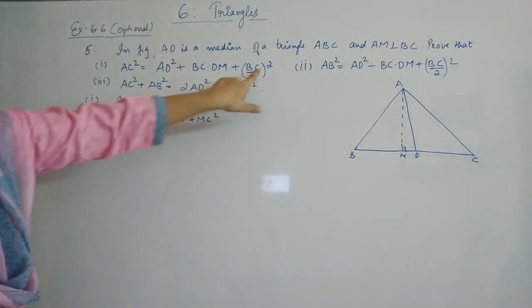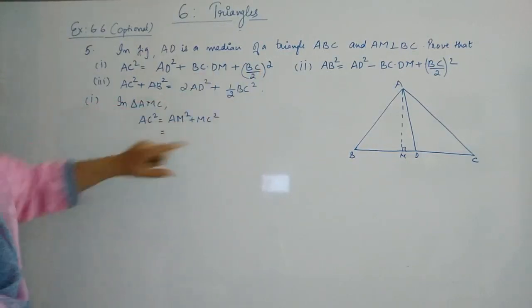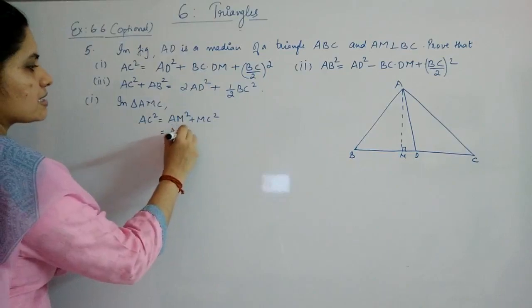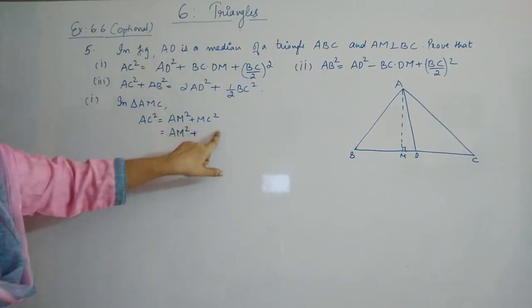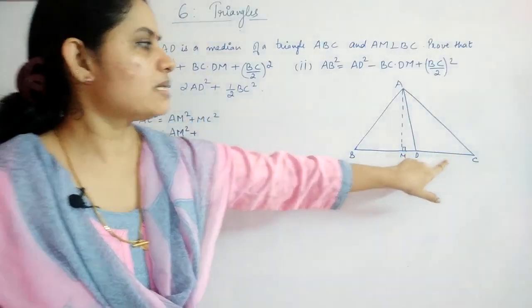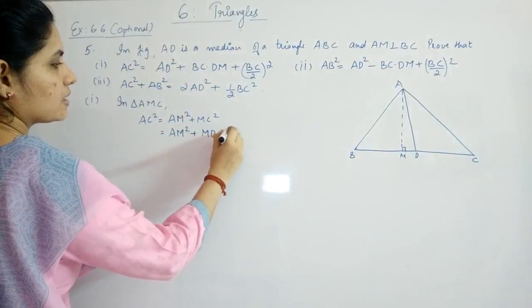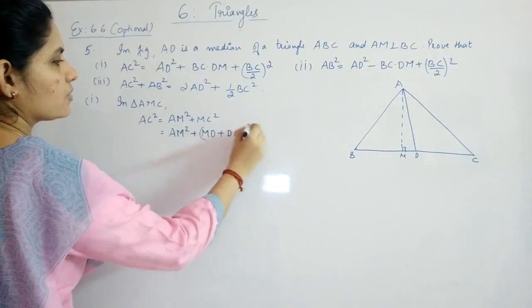Now we want it in terms of BC. So we are keeping AM square as such and replacing MC with MD plus DC, the whole square.